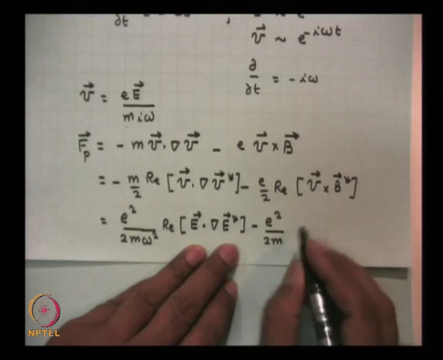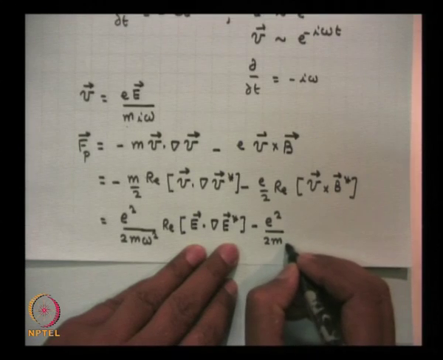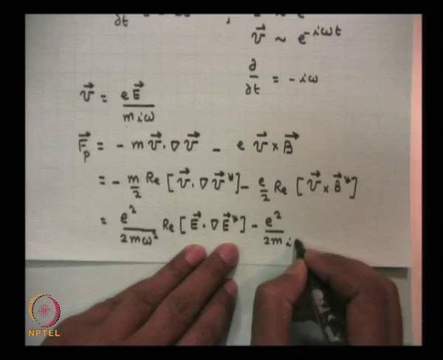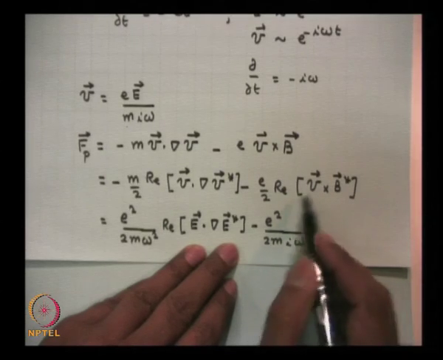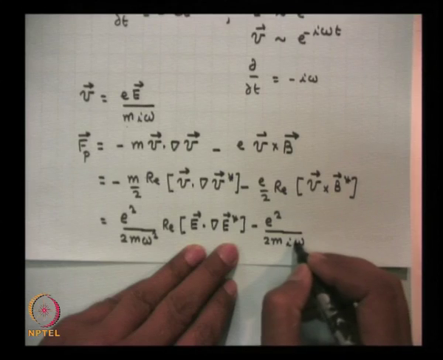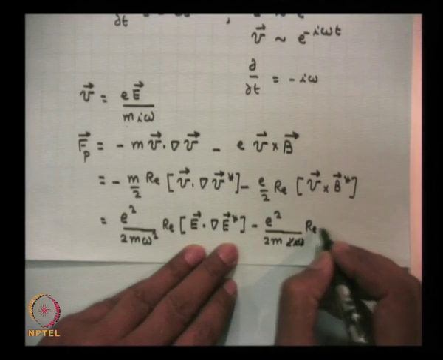Now, iω is there, but B also has. So, let me do it in two steps. iω is because of this. I think I should cancel this here because the real part I have to take.